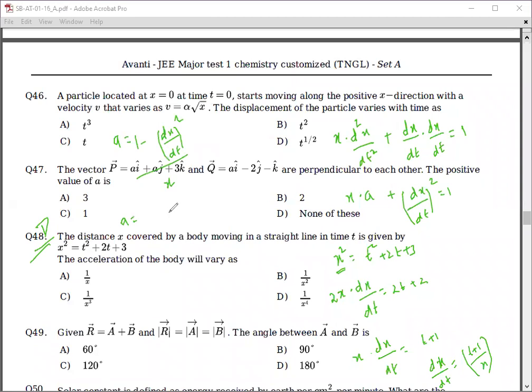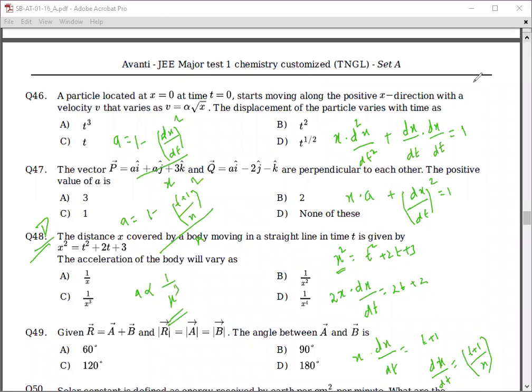So a is equal to, you don't have to find the whole value, you just have to find what it is in terms of x. So think about it: 1 minus, we got t plus 1 by x, whole square, right? By x. Here the whole square came, and by x it became whole cube. So a is proportional to 1 by x cube.